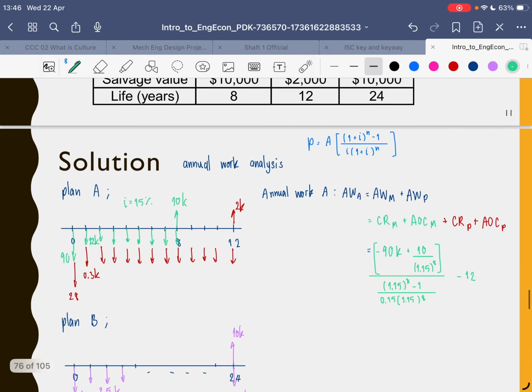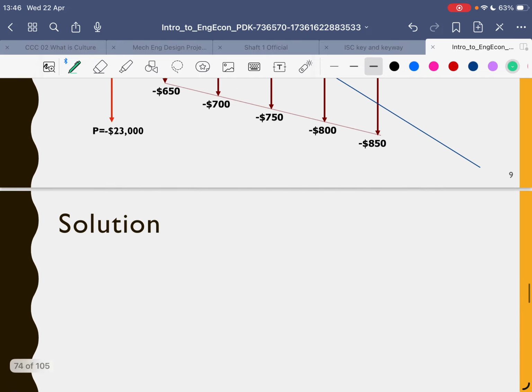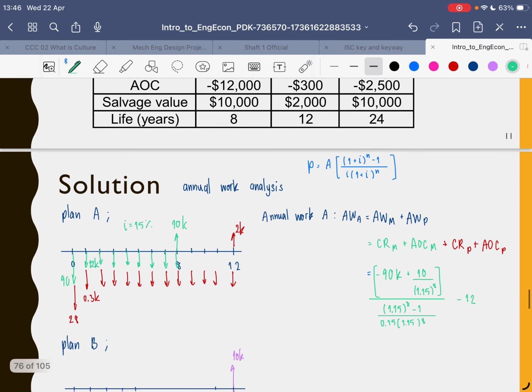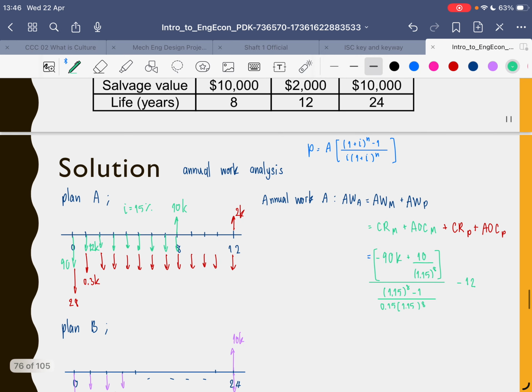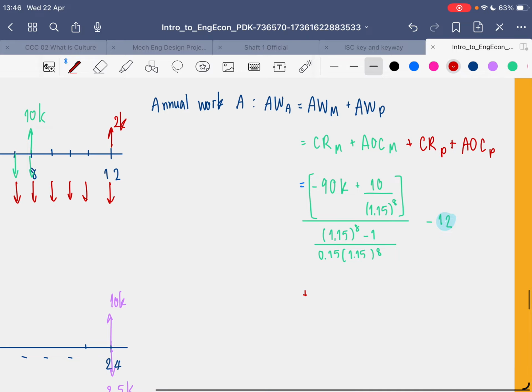And then I subtract the capital recovery of PAC, which is minus 28 plus 2 divided by 1.15 to the power of 12, divided by 1.15 to the power of 12 minus 1 over 1.15 to the power of 12.